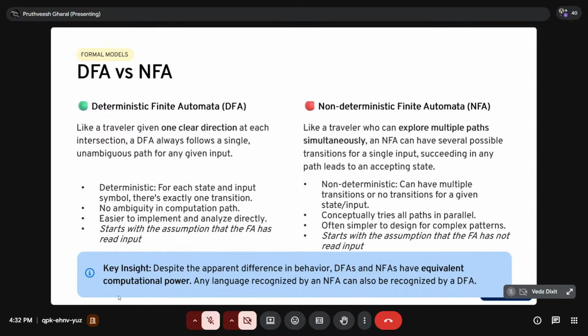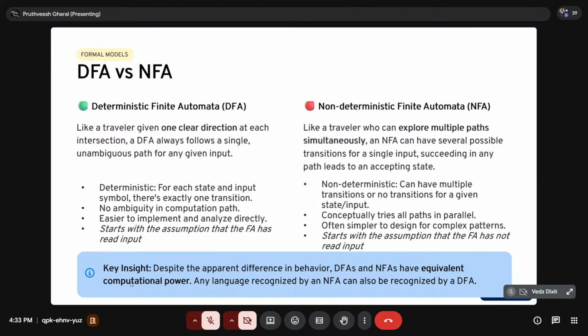The key insight here is that despite the apparent differences in their behavior, DFAs and NFAs have equivalent computational power. Any language recognized by an NFA can be recognized by a DFA. So if a non-deterministic finite automaton solves a particular problem, a deterministic finite automaton can also solve it, because they have the same computational power.